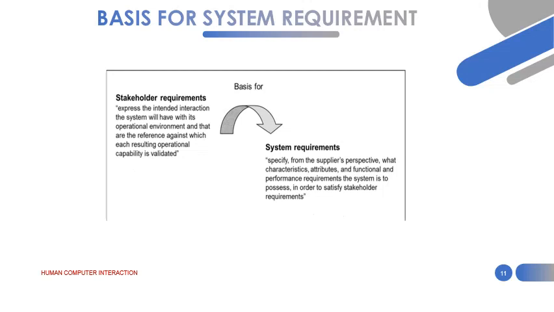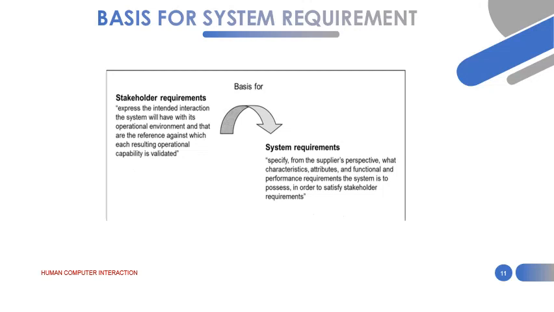So a stakeholder is basically anyone, whether sponsor, user, or even an organization, that has direct or indirect influence on the system design. So the stakeholder requirements express the intended interaction a system will have with its operational environment, and that is the reference against which each resulting operational capability is validated.